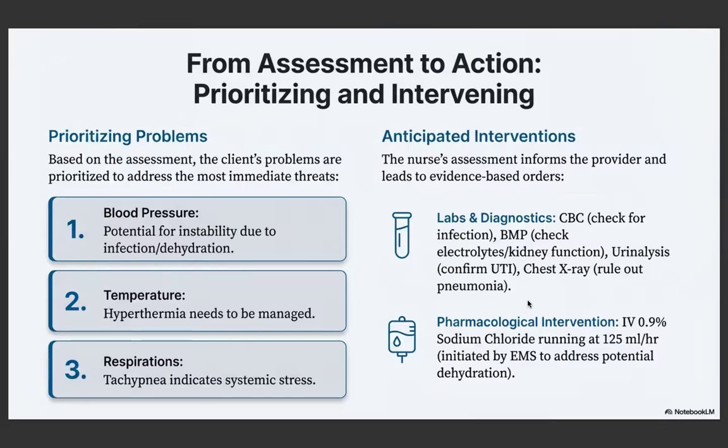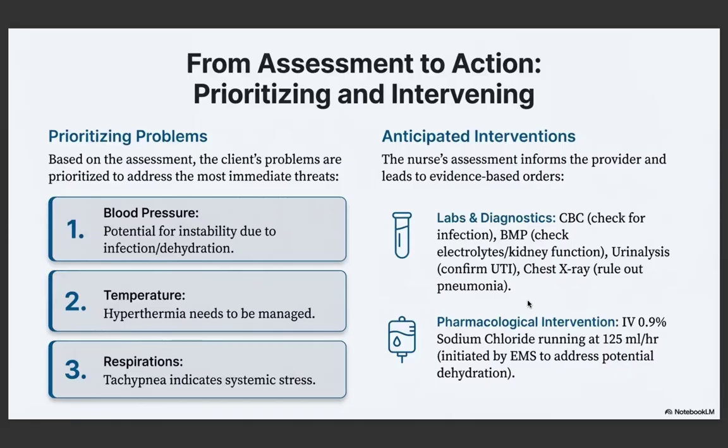All right. And then when we talk about prioritization, it's always going to be airway, breathing, circulation, right? So for this individual, we're worried about their electrolyte imbalance because of the infection, or it could be risk for dehydration.